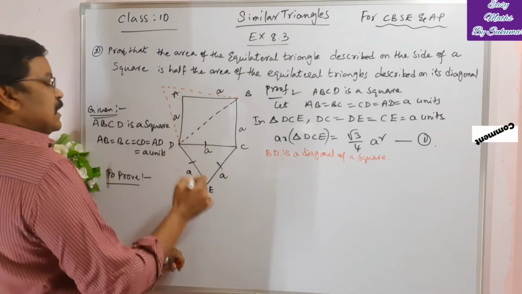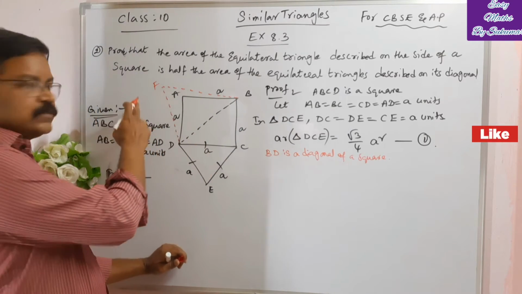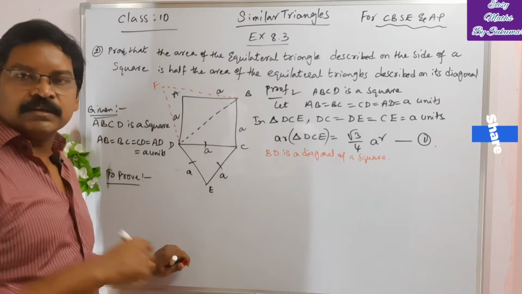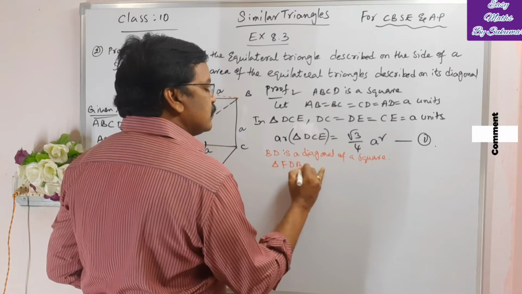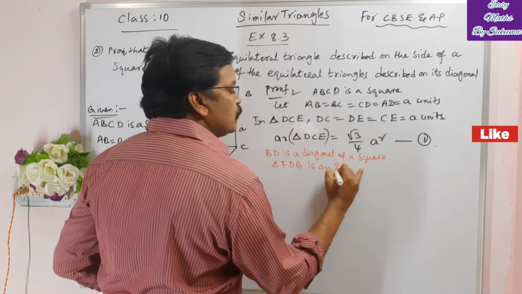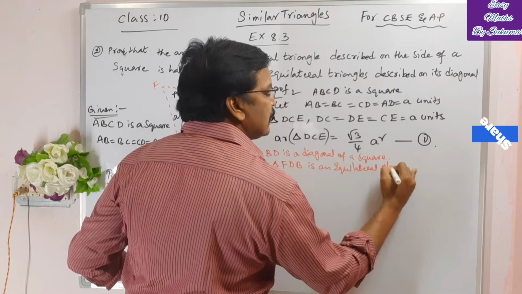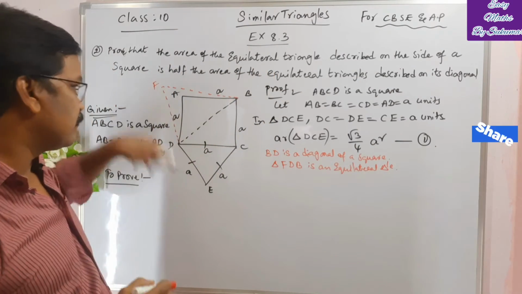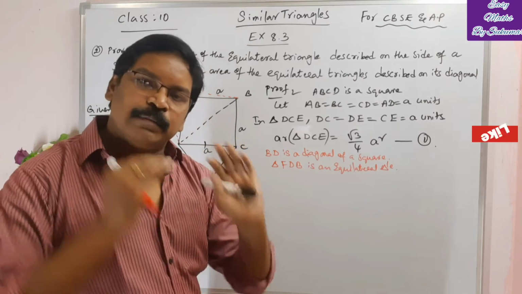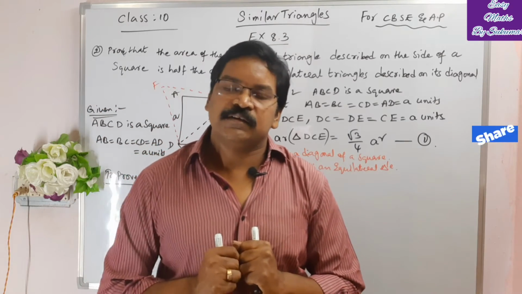What is this triangle here? This is FDB, a triangle. Triangle FDB is an equilateral triangle, but this triangle is described on the what?